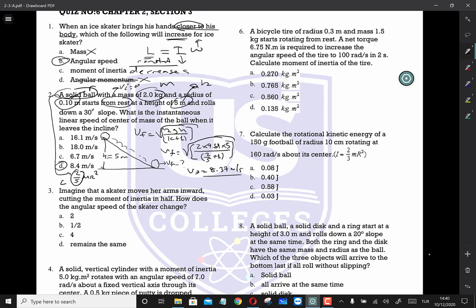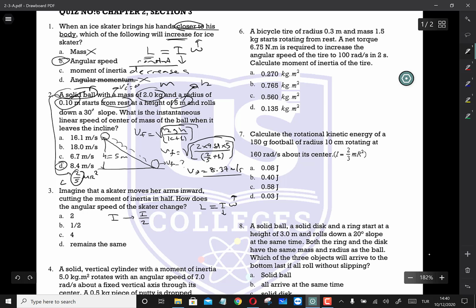Imagine that a skater moves her arms inward, cutting the moment of inertia in half. So the moment of inertia changes from I to I over 2. How does the angular speed of the skater change? Remember, according to the conservation law, when L is constant, I and omega are inversely proportional.